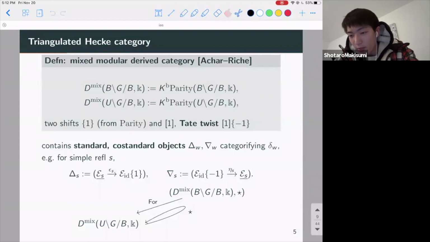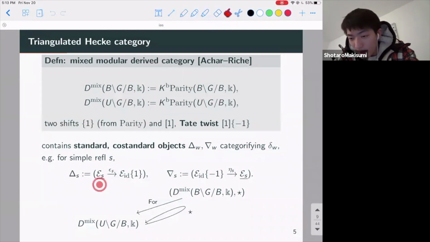So for instance, there's a notion of standard sheaves, co-standard sheaves, delta_w, nabla_w, that categorify the standard basis elements of the Hecke algebra. For instance, for a simple reflection s, the standards and co-standards are, if you're familiar with these things, what are called the Rouquier complexes associated to these simple reflections.